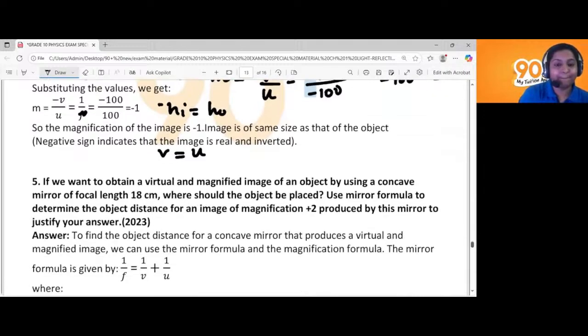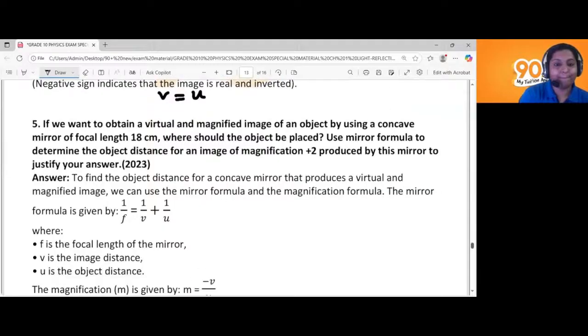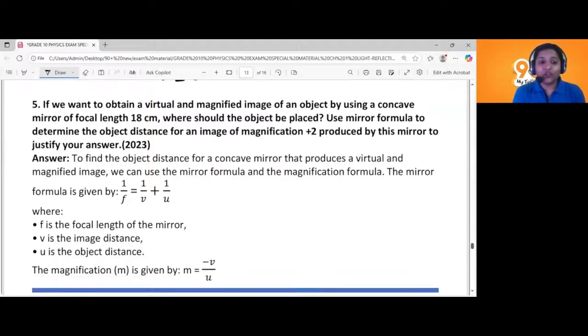If you want to obtain a virtual and magnified image of an object by using a concave mirror of focal length 18. We want to get a virtual magnified image using a concave mirror. What is the condition?